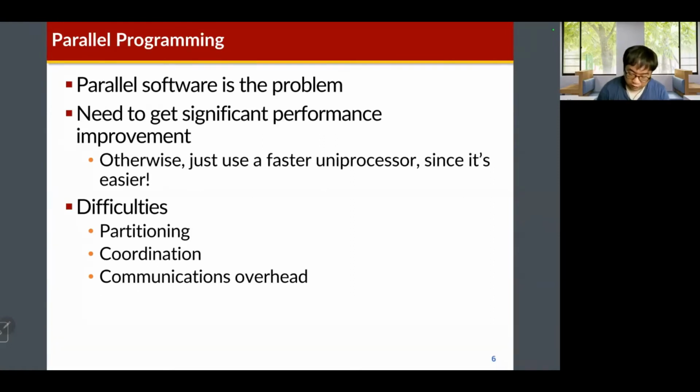We need to divide the data which are processed by our programs, so partitioning is very important. We need to partition our data. Also coordination. If the data can be independently processed by multiple threads, then partitioning may be easy. But consider an algorithm like matrix multiplication.